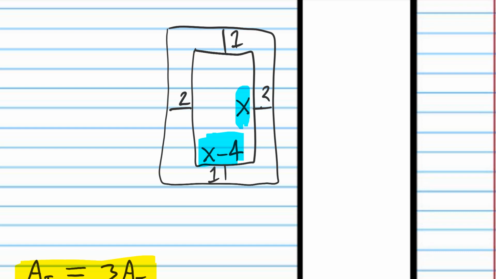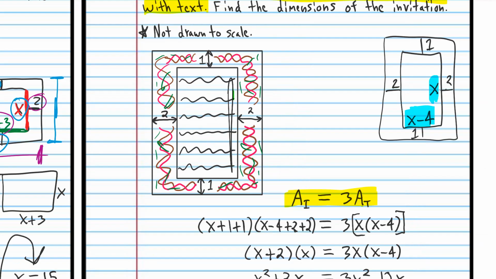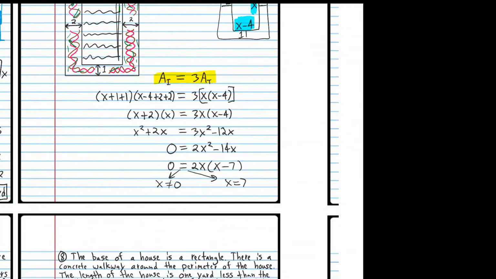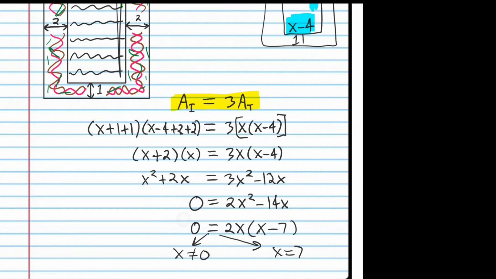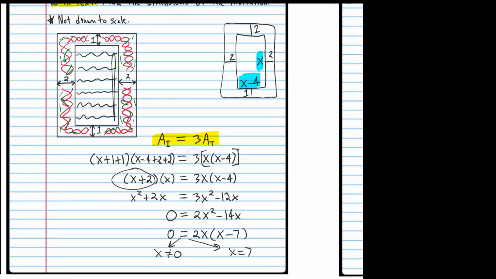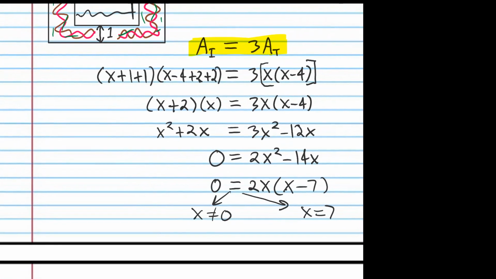So now we just have to find the dimensions of the invitation. So I'm just going to find the width and the length. Now we know that the length is x plus 2, and the width is just x, because we figured that out previously. So the length is x plus 2, and so x is equal to 7.